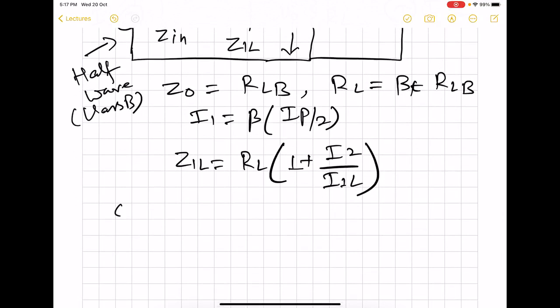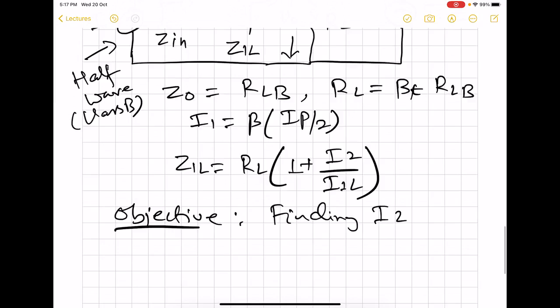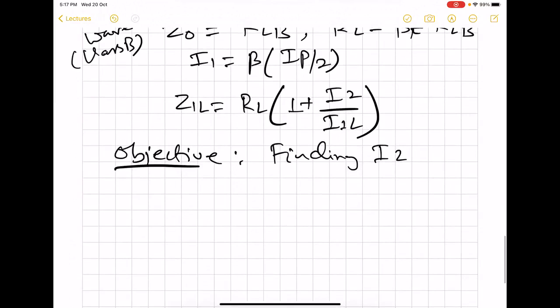So our objective is to find I2 such that this drain voltage is always equal to VDD for the upper drive region. So we start with this voltage VDM itself.